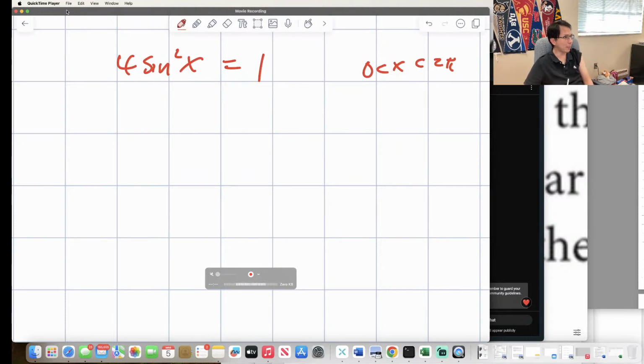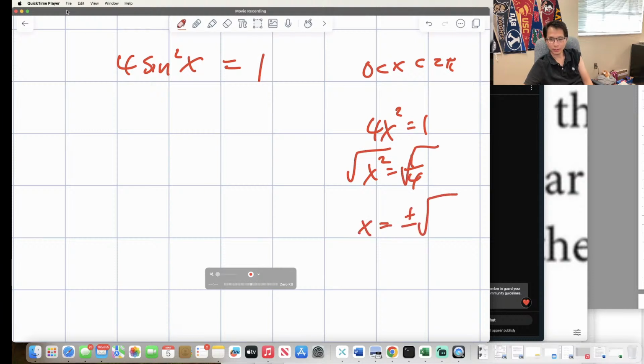All right, so let's talk about simple math. 4x squared equals 1. What are you supposed to do? You're supposed to square root both sides. Remember, when we talk about square root, we must have a plus minus.